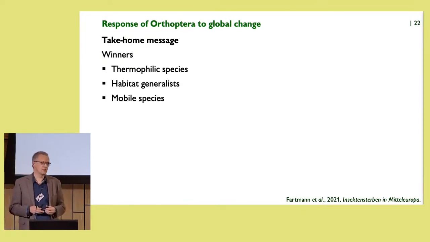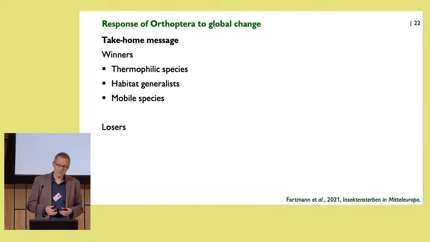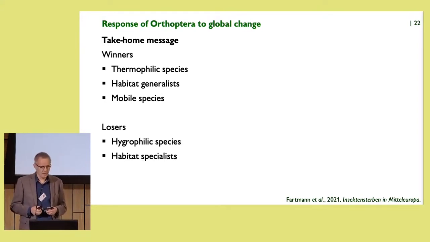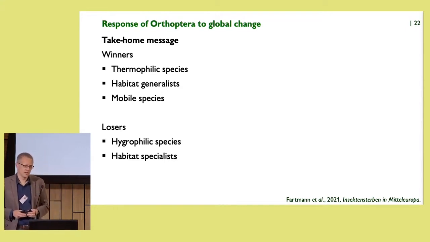But we have also seen, if you have a high connectivity, also species with a low connectivity can move northwards or to high elevations. And the losers are hygrophilic species and habitat specialists.